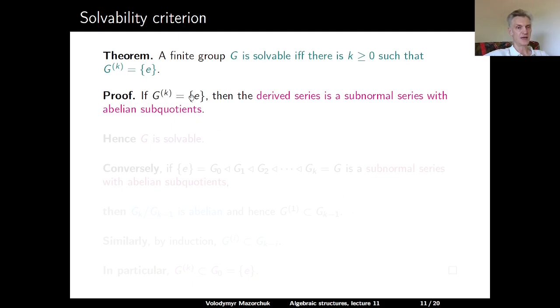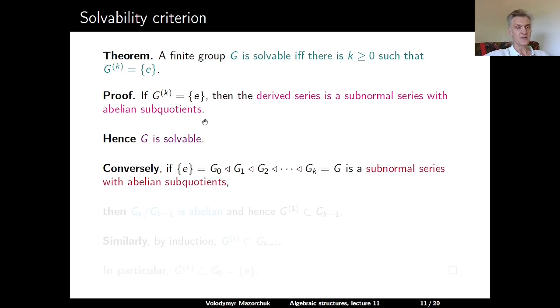Assume that G upper k is trivial for some k. Then we can look at the derived series, and this is a subnormal series with abelian subquotients, because each component is normal in the previous one, and the quotient is abelian. The quotient by the derived subgroup is always abelian, and that's the definition of being solvable.